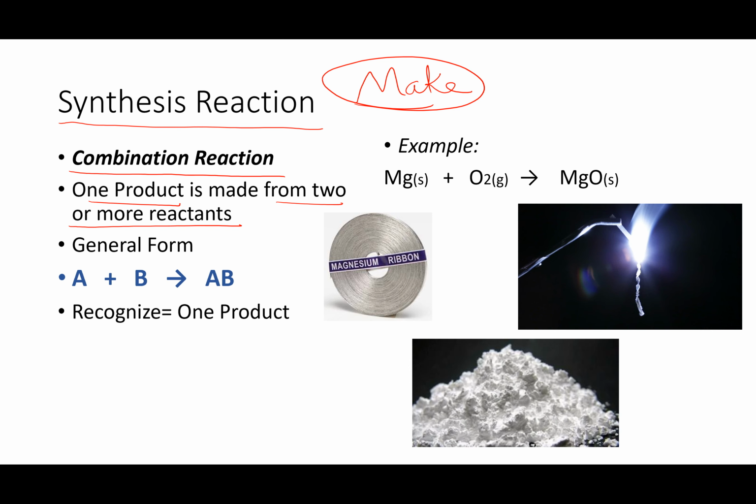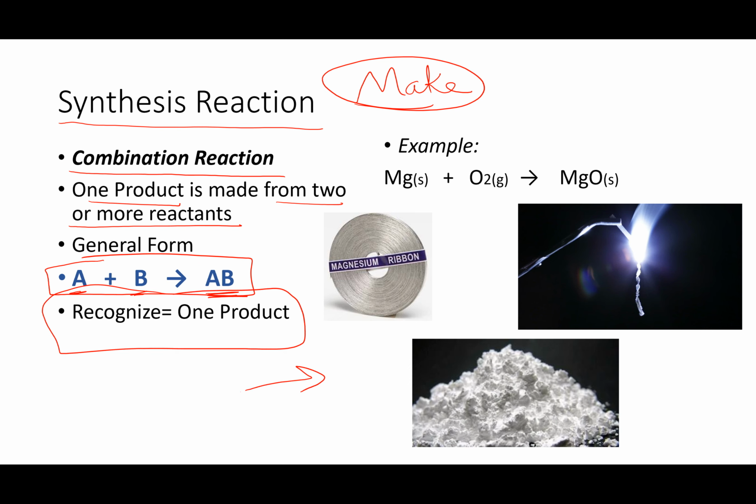And the generic form for a synthesis reaction looks like this. You have 2 compounds, 2 things that come together. A plus B gives you AB. So how do you recognize a synthesis reaction? Well, it's pretty easy. If you have one product, you have a synthesis reaction.